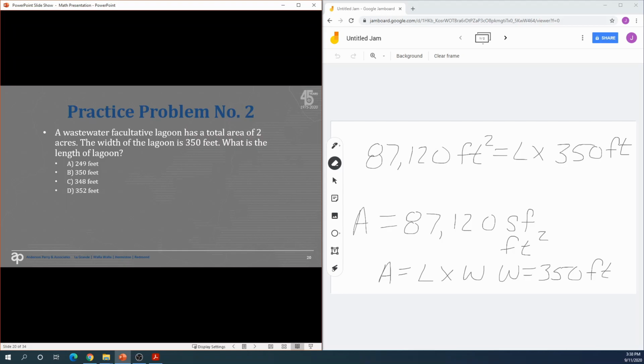So what we'll do is we're going to divide both sides of this equation by 350 feet. When we divide the right side by 350, we'll divide the left side by 350. So take this, divide it by 350 feet. Take this side, divide it by 350 feet.